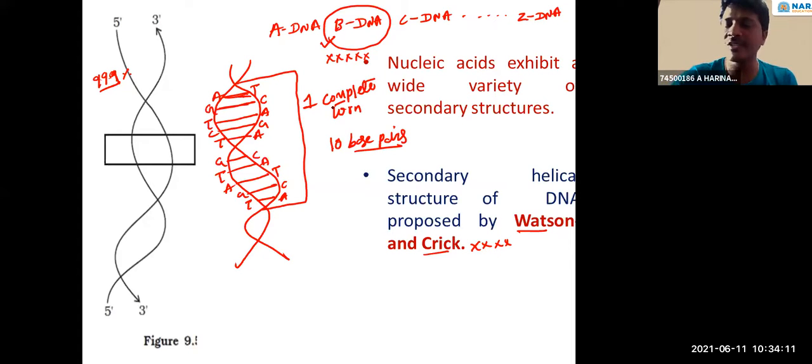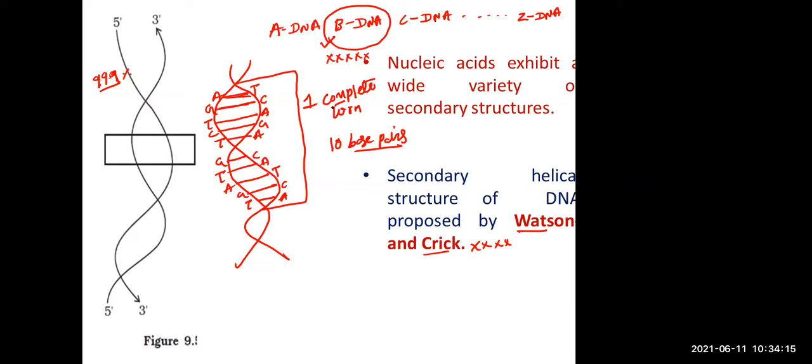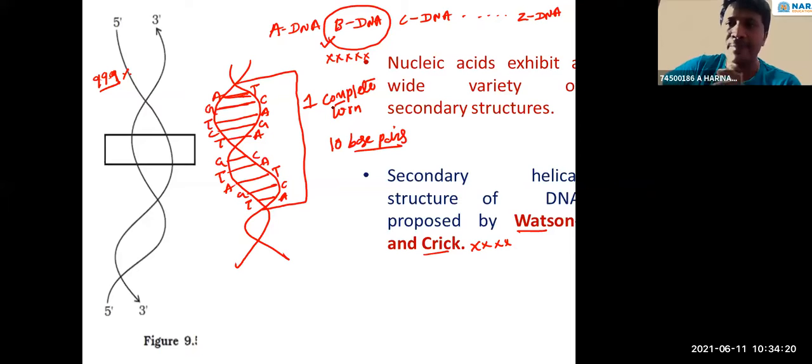One complete turn consists of how many base pairs? 10 base pairs. That is our first character of B-DNA: 10 base pairs per pitch. This is called one complete turn or complete pitch.